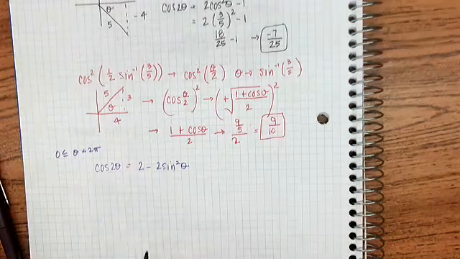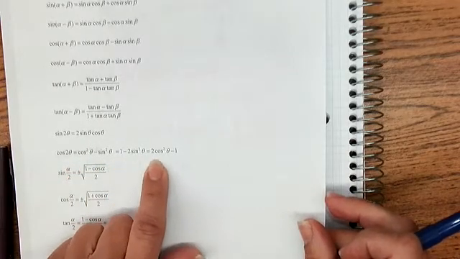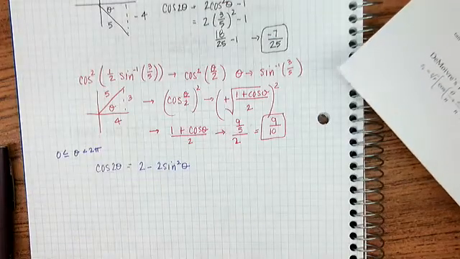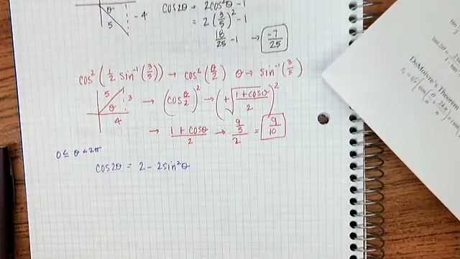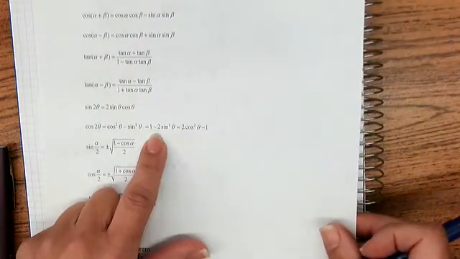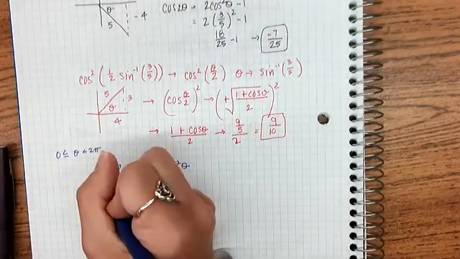So for cosine of 2 theta, you have 3 options. Cosine squared minus sine squared, 1 minus 2 sine squared, 2 cosine squared minus 1. Well, the right-hand side of my equation involves sine squared. So I'm going to choose the substitution that involves only sine squared. So that's 1 minus 2 sine squared.